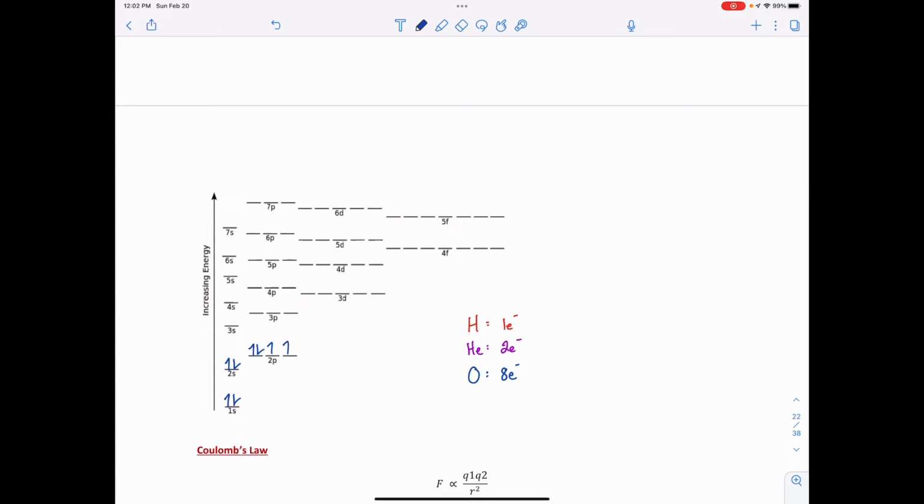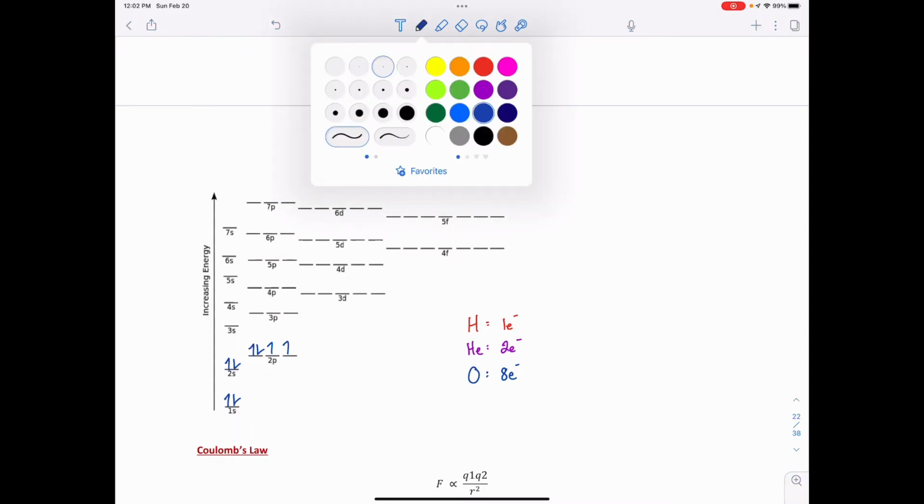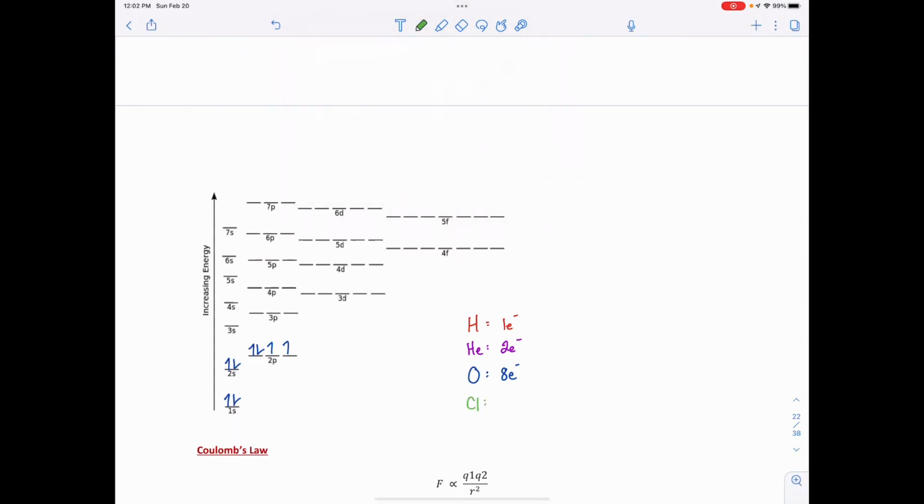A few general rules of thumb: we always start from the bottom, and we always fill every orbital first before we start pairing them up. If I go back to my chlorine example of 17 electrons, I have 17 to fill into my energy diagram, or hotel in my analogy.